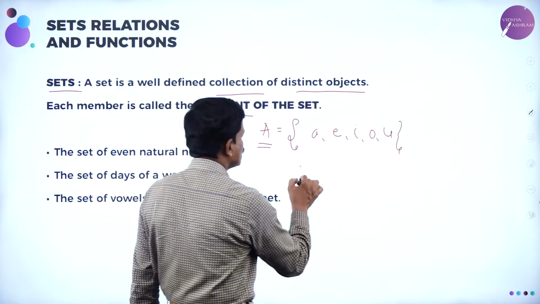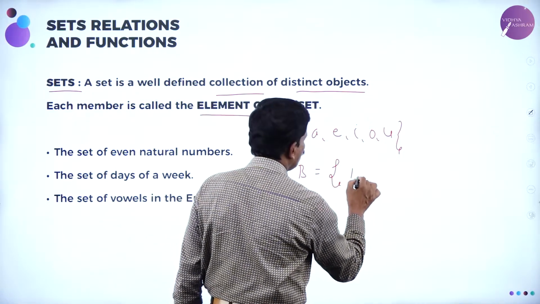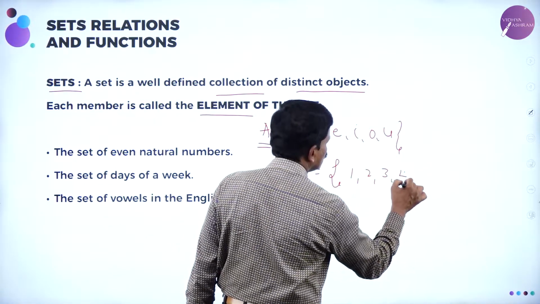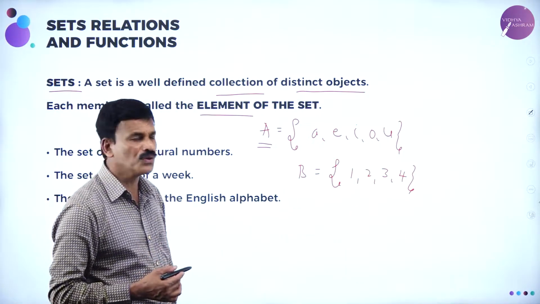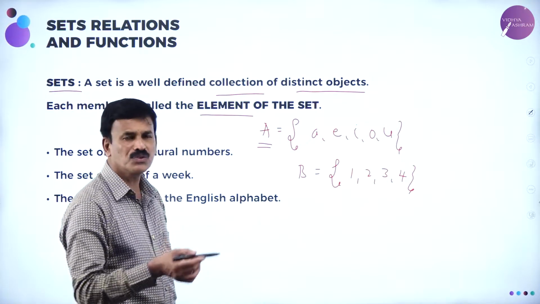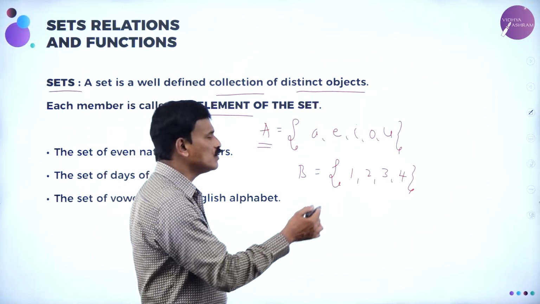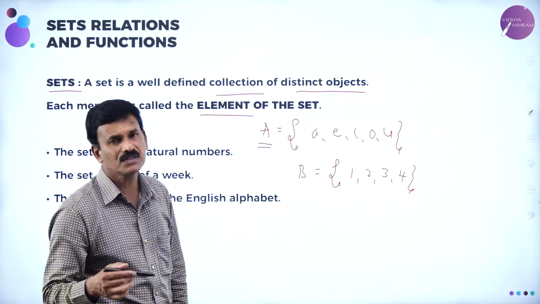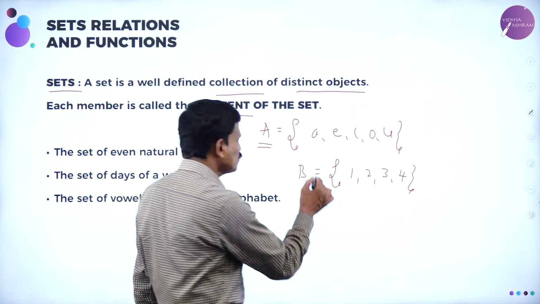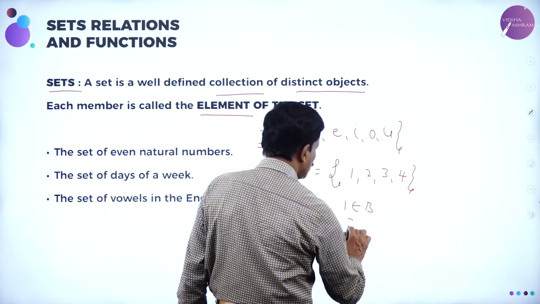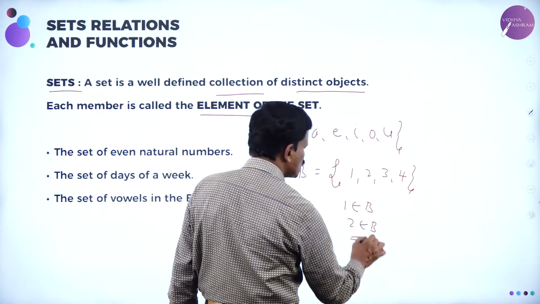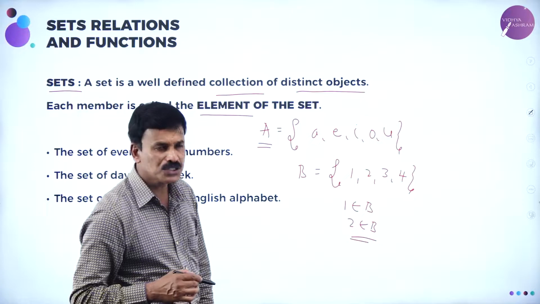Another set, let us consider B is equal to {1, 2, 3, 4}. B is a set, the set of natural numbers up to 4. Here 1, 2, 3, 4 are called the elements of the set. That means we can write 1 belongs to the set B. Similarly, 2 belongs to the set B. This symbol represents belongs to.